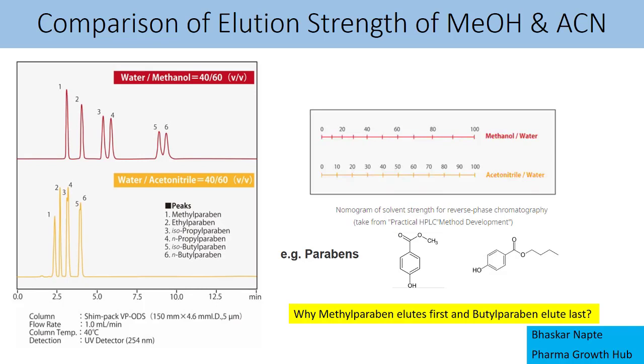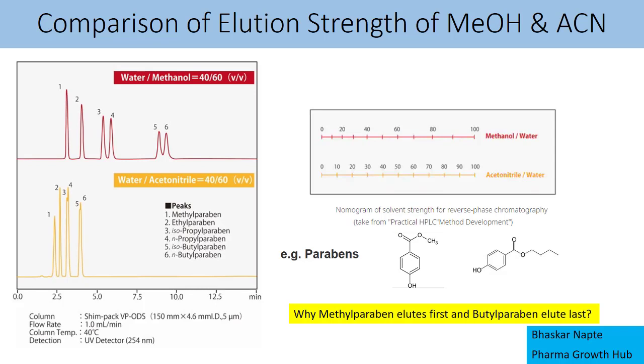What does this mean? Compounds with a shorter carbon chain are less non-polar. Compounds with a longer carbon chain are highly non-polar. So you can clearly see that N-butyl paraben is more non-polar as compared to methyl paraben.